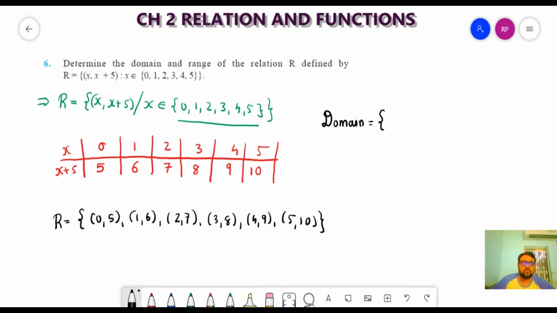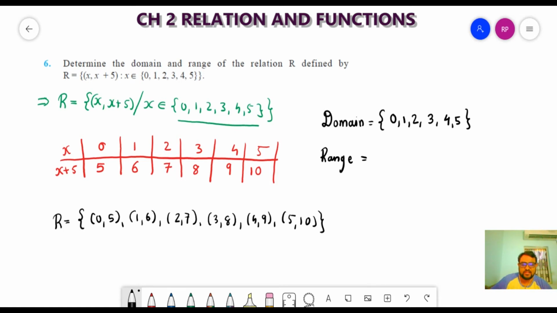Domain will be equal to 0, 1, 2, 3, 4 and 5. And what will be the range? The image of 0 is 5, the image of 1 is 6, image of 2 is 7, image of 3 is 8, image of 4 is 9, image of 5 is 10.